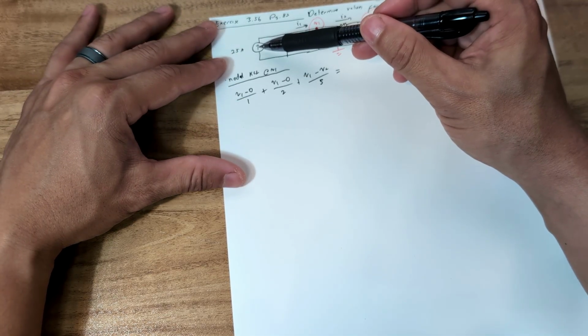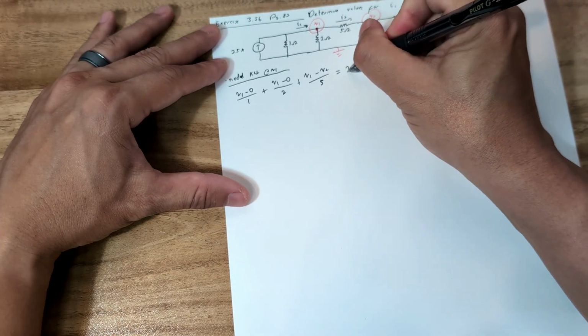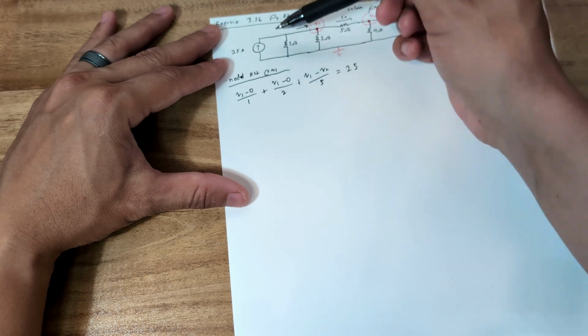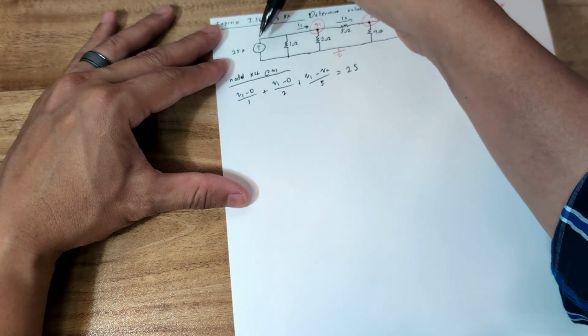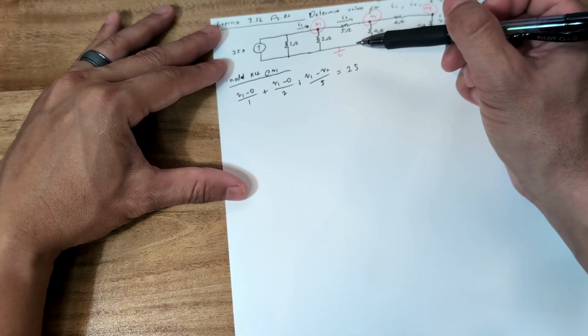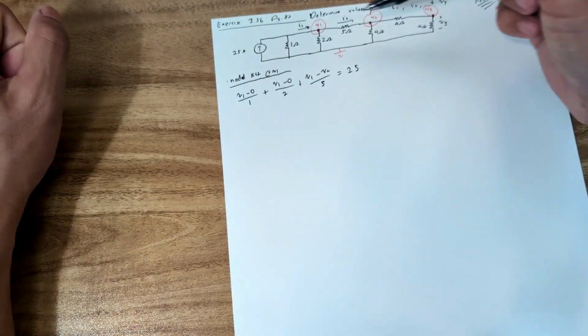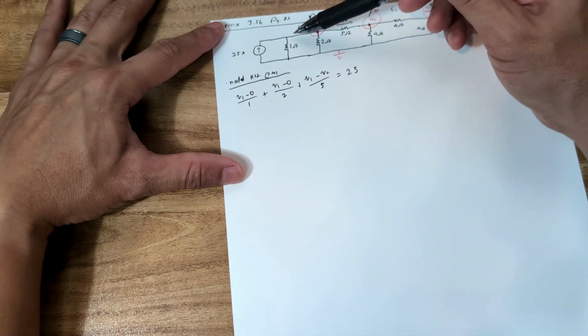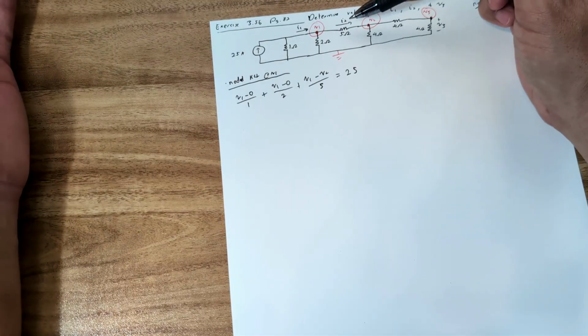In this case, it's an independent source, so it's 25. If this current was flipped, going that way, then it would be a negative 25. So again, nodal KCL is any currents going out through any of the resistors, assuming it's going out.